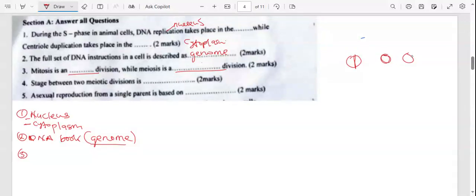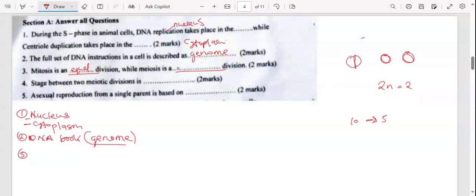If we had 2n number of chromosomes, each side would be 2n. So this division we call an equal division. While meiosis will halve the number of chromosomes. Let's say you had 10, in the product you have fewer chromosomes, that would be 5. So it halves the number of chromosomes.